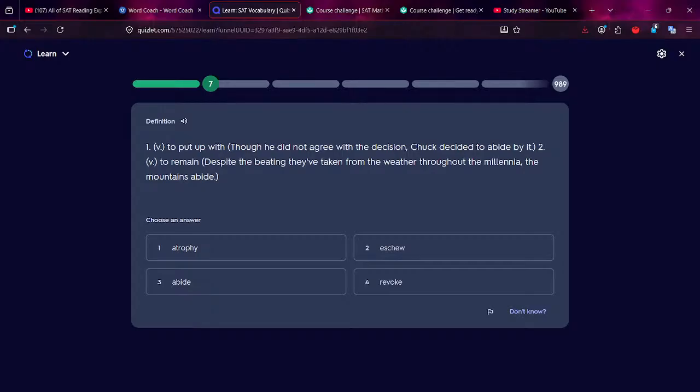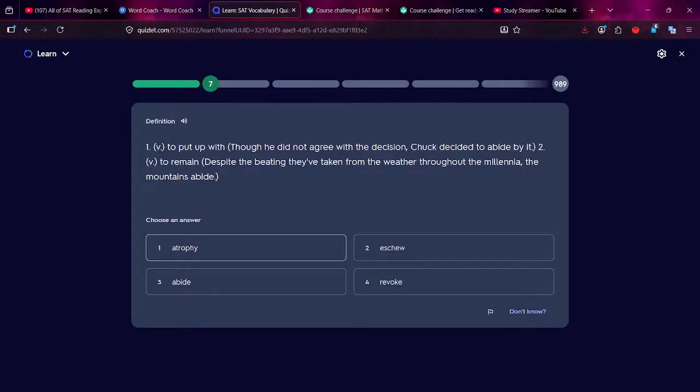To put up with, so it's like abiding, and then to remain despite being taken. The mountains abide. To put up with, to remain. Atrophy means something is being reduced, like muscle atrophy.